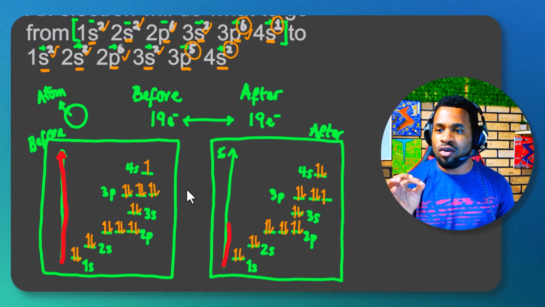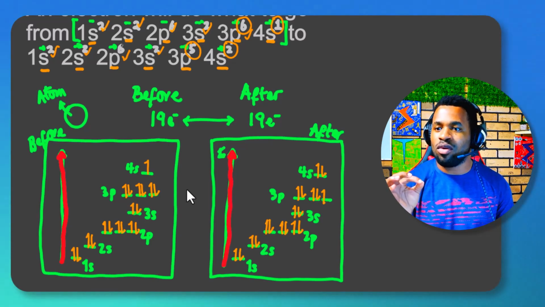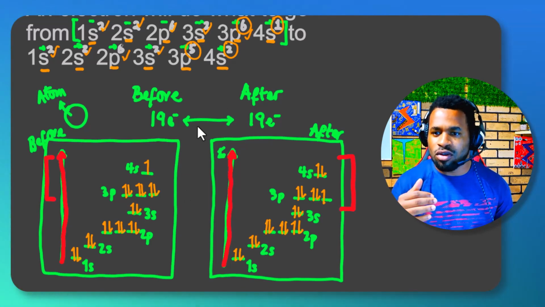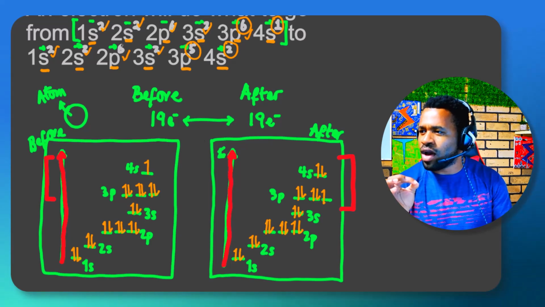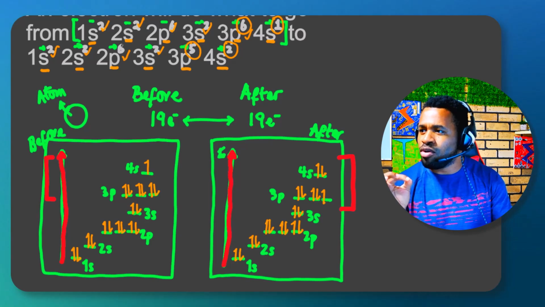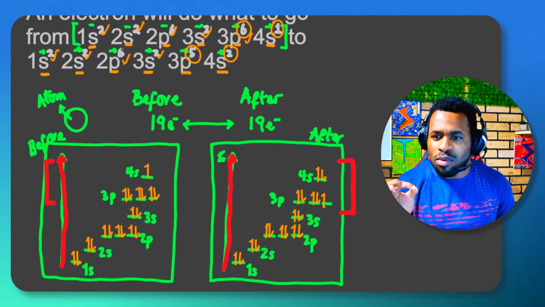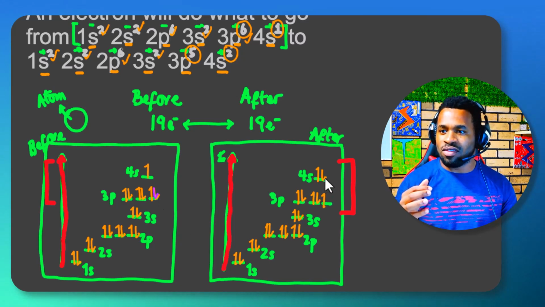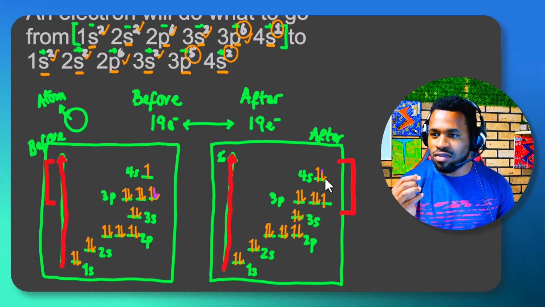So when we look at this bracket here and any other bracket, this electron, which we're going to highlight in purple, moved from a lower energy to a higher energy, and this is where it is right now.